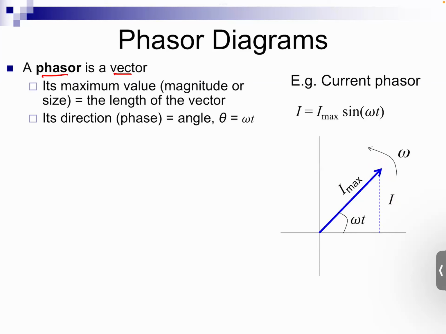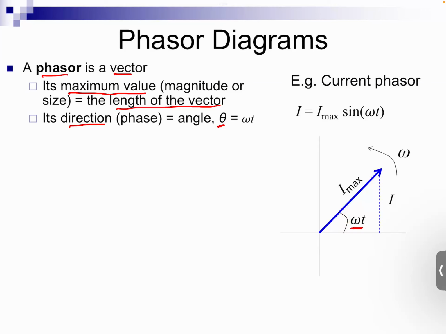The length of the vector should be equal to the maximum value of the current. And the direction, because a vector needs direction, which is omega t, can also be written as the angle theta. So the angle theta gives you the direction of the phasor vector.